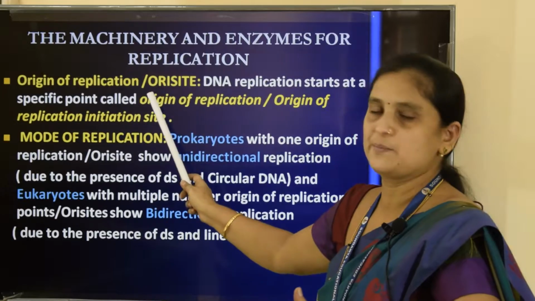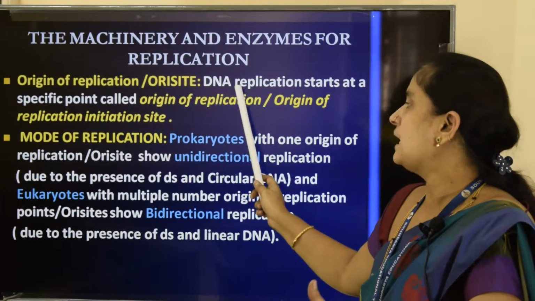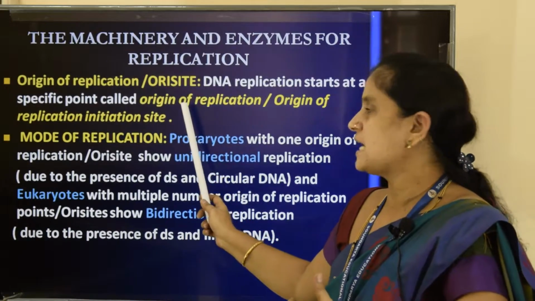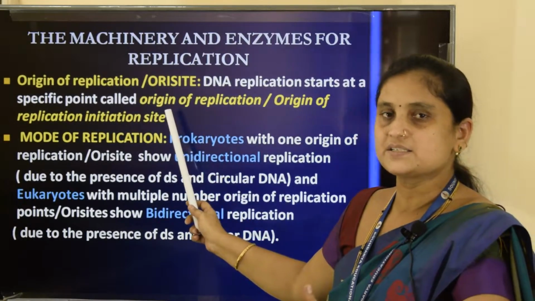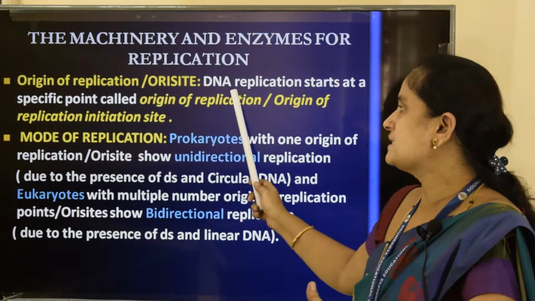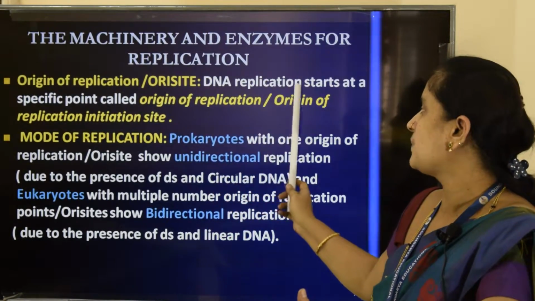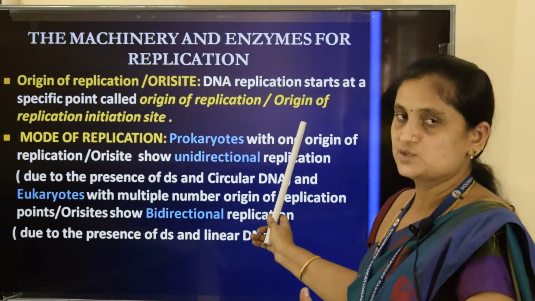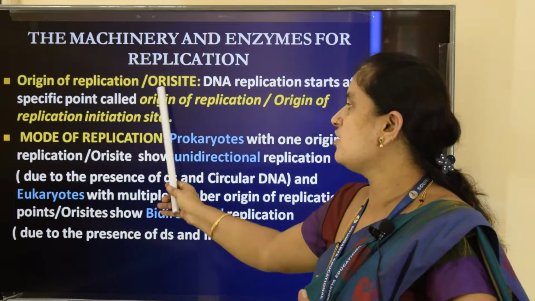Until and unless this site is found or recognized by enzymes like helicases or unwindases, the replication is never going to begin. So what is origin of replication? It is a specific point at which the DNA replication is going to begin. So it is called ORI site or origin of replication.